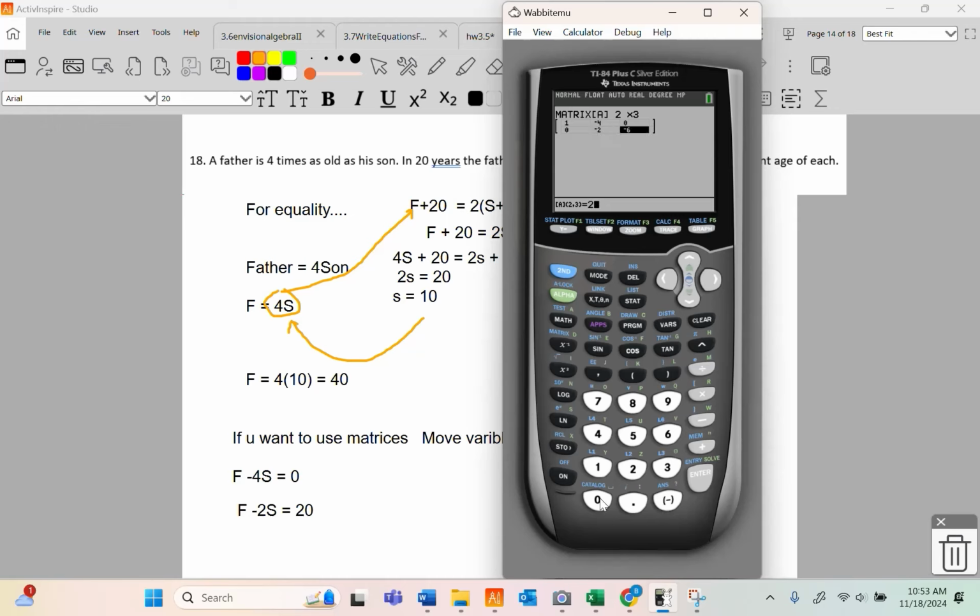And we have a 20. Then it's about going to second quit, second matrix, math, RREF, which is 2 below that guy right there. Second matrix, enter, enter. Oddly enough, you got negative numbers there. Isn't that weird?